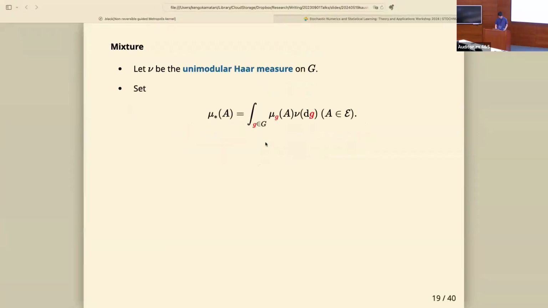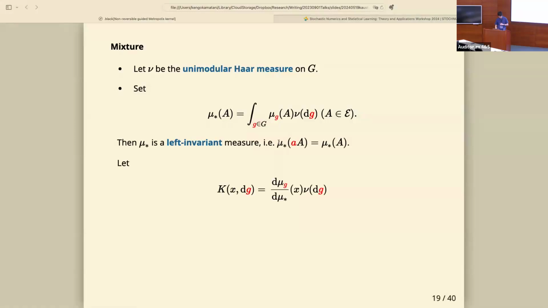So we consider a mixture of nu, like this one for the measure. We will also consider a mixture of Q, like this one. But for the mixture of the kernel, we need to consider a two-step procedure because the state itself also has some information on G. First, we extract the information of G from X, and then consider the mixture.